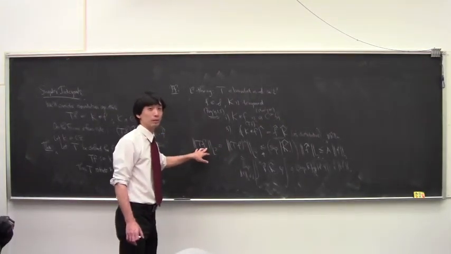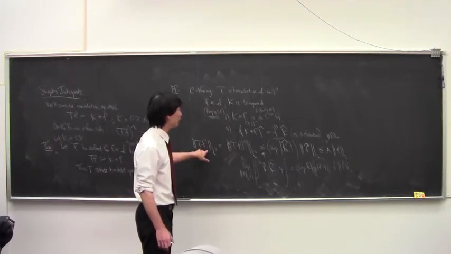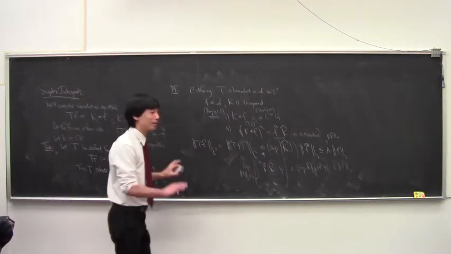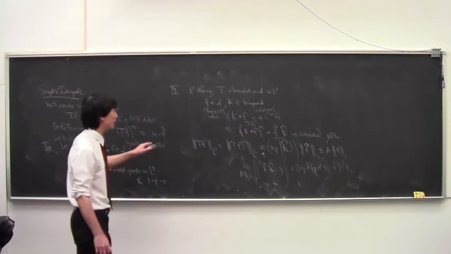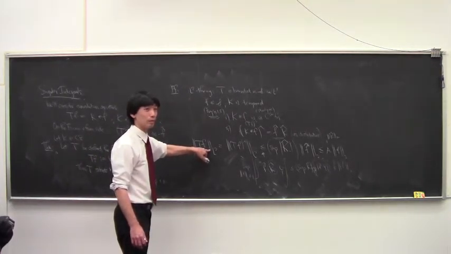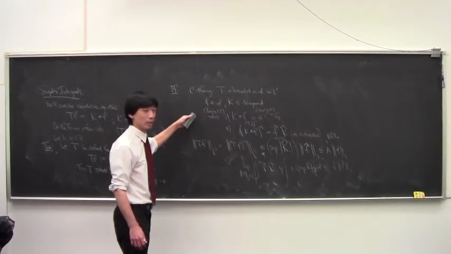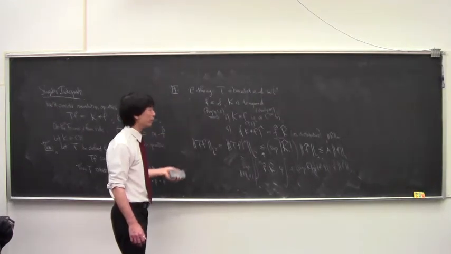So this guy is also in L2. What I mean to say is that it's not evident from the beginning. So in any case, you get that T is bounded on L2 when restricted to Schwartz class functions, and so you can extend to get T bounded on L2 for all functions in L2.